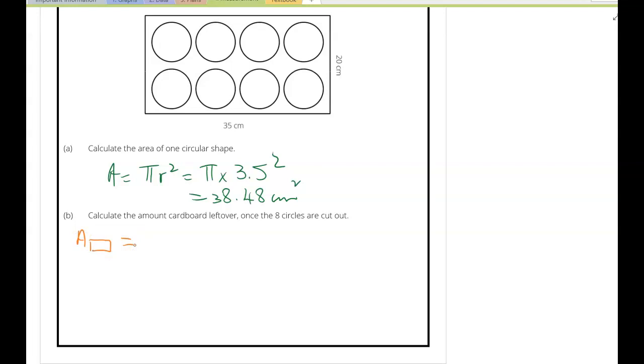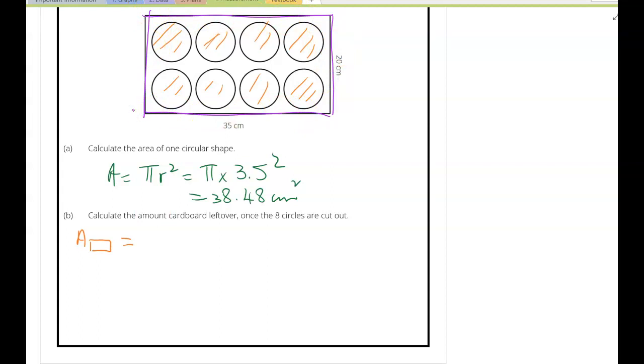We want to work out the amount of cardboard left over. So once we take out all of these circles, there is 8 of them. What's left is what we require. So what's left? Take away those 8 circles. A little bit like an egg carton. Taking out those circles, we've got a rectangle. So what's one way to do this?